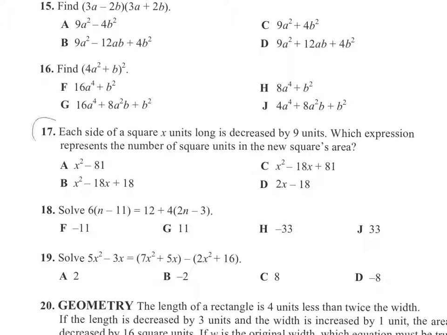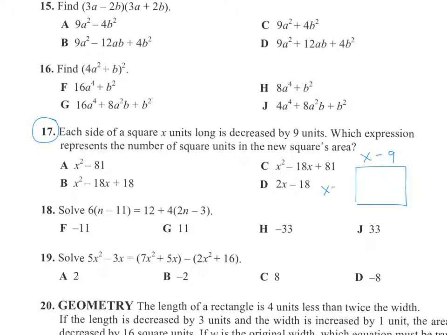Let's take a look at number 17. Each side of a square x units long is decreased by 9 units. Which expression represents the number of square units in the new square's area? So if I have a square and I am being decreased by 9 units, if x is my original length of a square and I'm decreasing it by 9, that would be x minus 9.